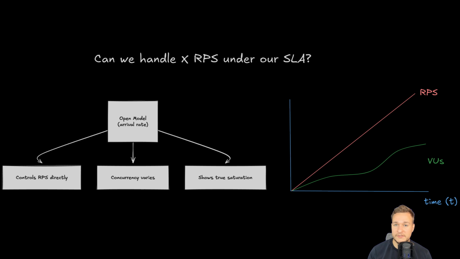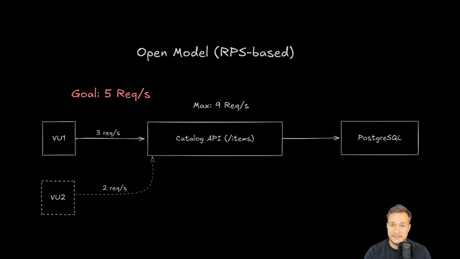Let's say your business team says, we need to handle 100 requests per second, with 99% of responses under 200 milliseconds. The open model lets you test exactly this scenario. Look at this example. I want 5 requests per second.